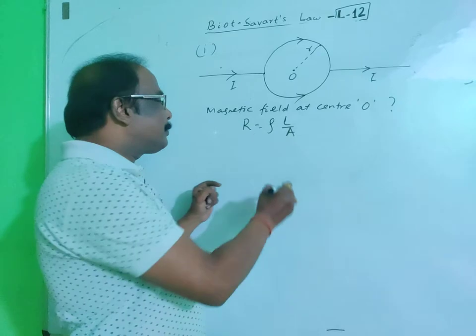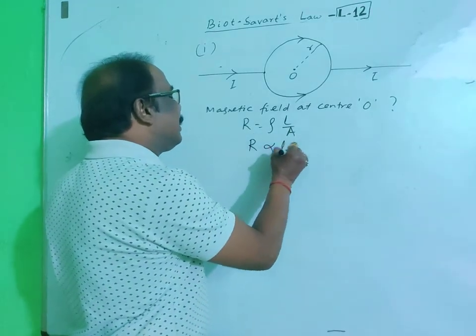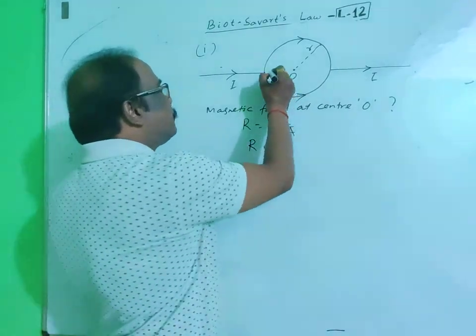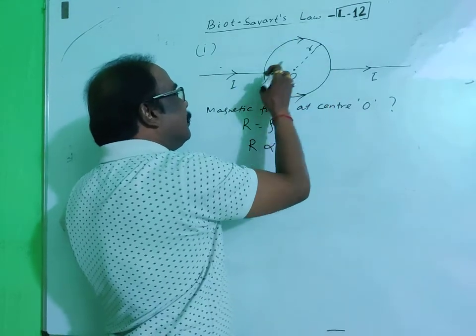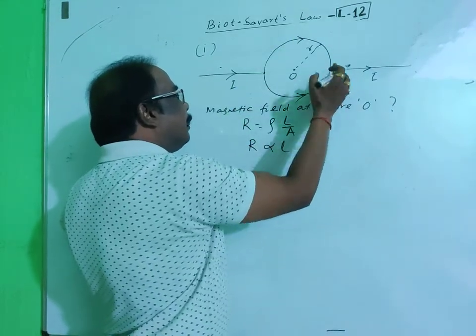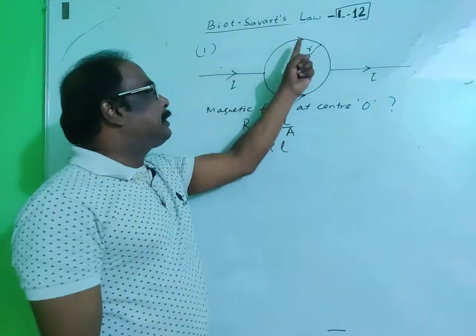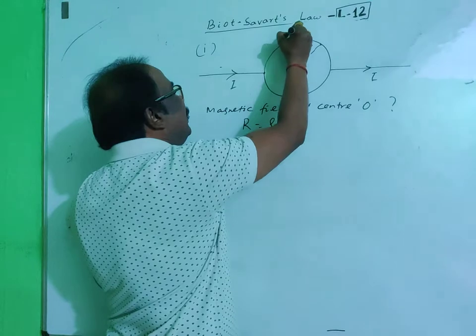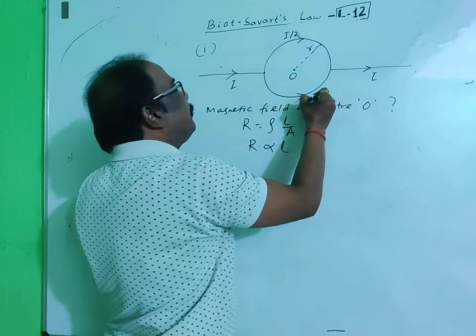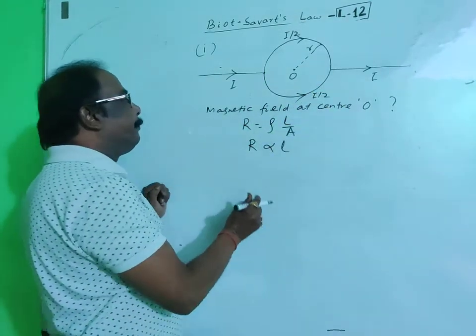So A is constant, so resistance is directly proportional to length. This semicircular part has length pi r, this is also a semicircular part with length pi r. So the resistance of these two parts is the same, so the current is equally divided. This is I by 2 and this is I by 2.